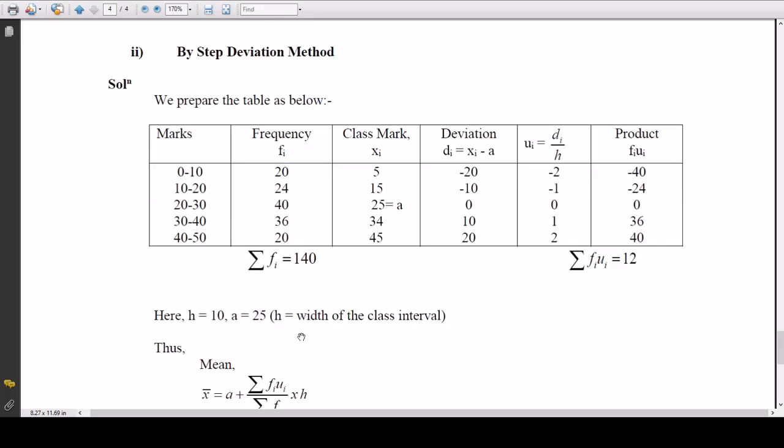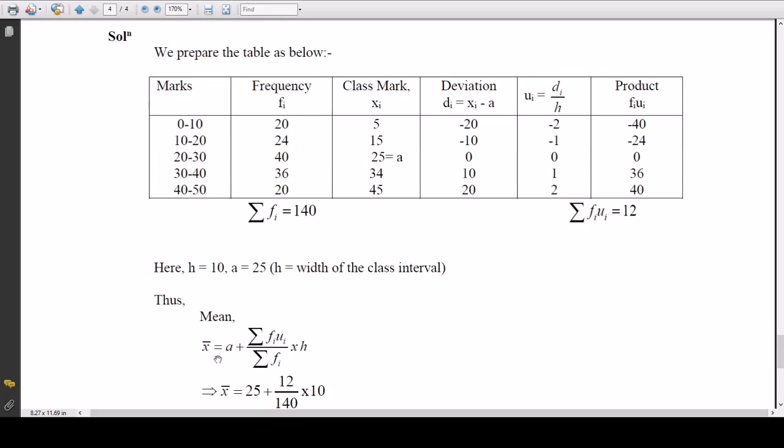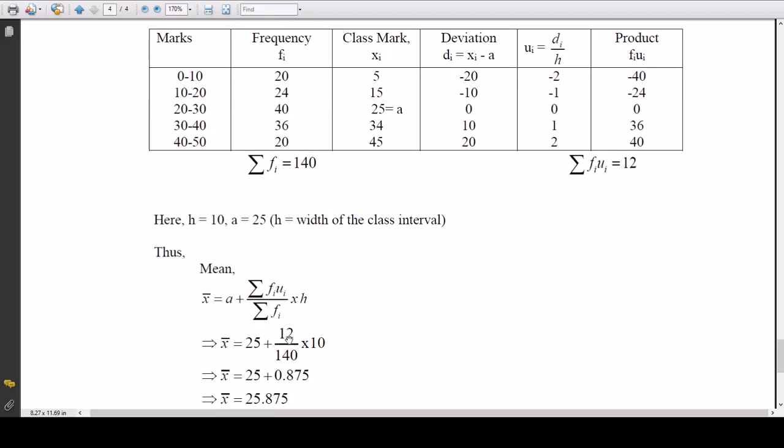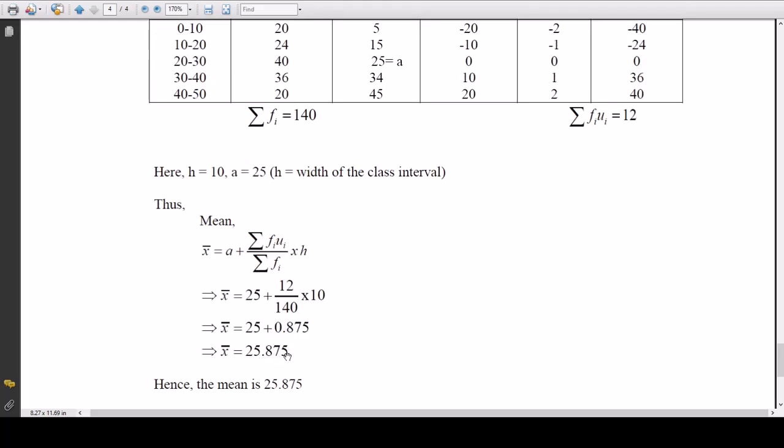Therefore, the formula for finding the mean is A plus summation fi ui divided by summation fi, multiplied by h, that is 25 plus 12 divided by 140, multiplied by 10. 12 multiplied by 10 is 120 divided by 140, again you will get 0.875, adding with 25 it is 25.875.